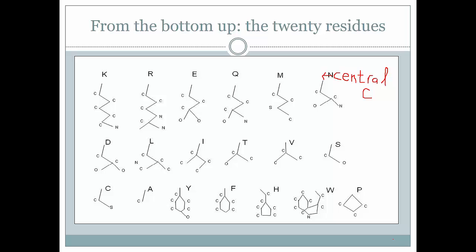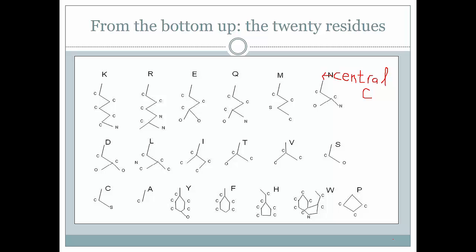So since there are 20 different amino acids, there are 20 different things that go in the box labeled R. So for example, on the upper right, where we have a central carbon being pointed to, in these schematic drawings, this is where it attaches to the central carbon. And then what's in the R is a different chemical structure for each of the 20 amino acids.